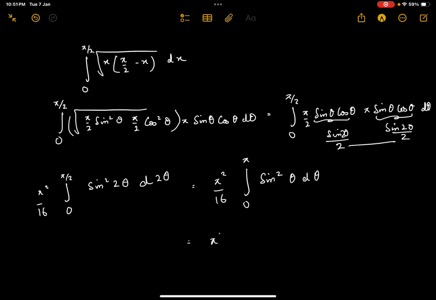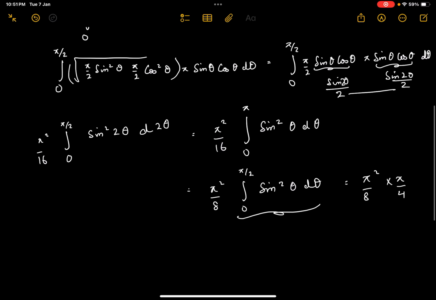This becomes pi square by 8, 0 to pi by 2 sine square theta d theta, and this value simply is pi by 4. This is a well-known result, so this becomes pi square by 8 into pi by 4.